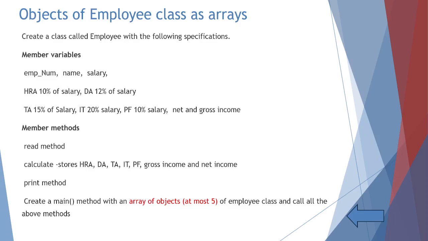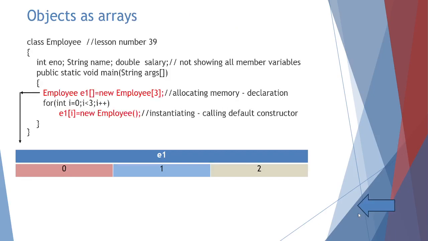Member methods: read, calculate, which stores HRA, DA, IT, and so on, and a print method. Now create a main method with an array of objects, at most 5, of the employee class and call all the methods. For this, let's see the static void main and understand.